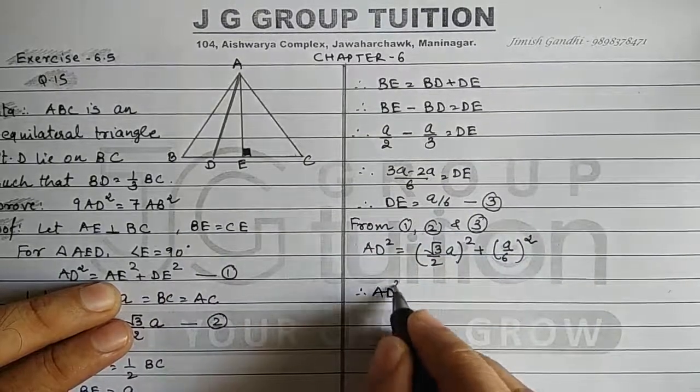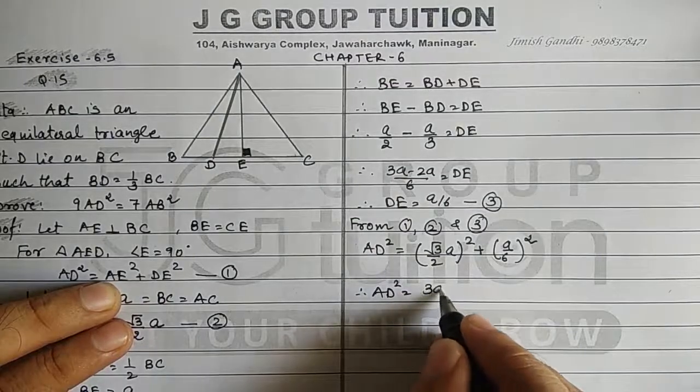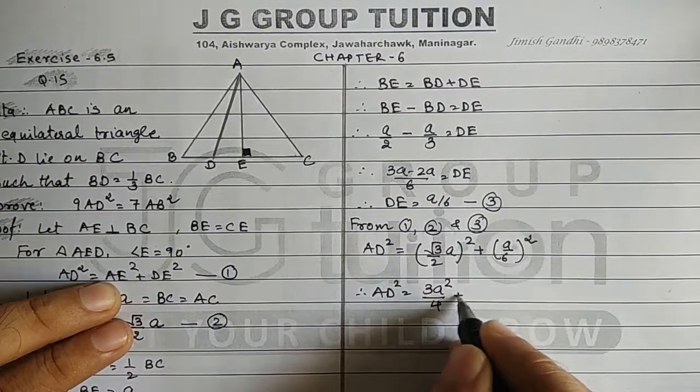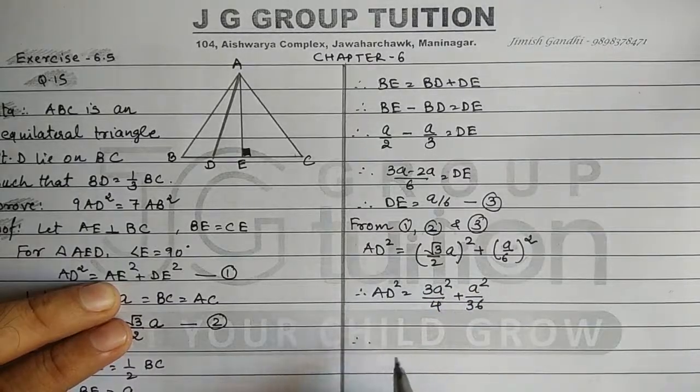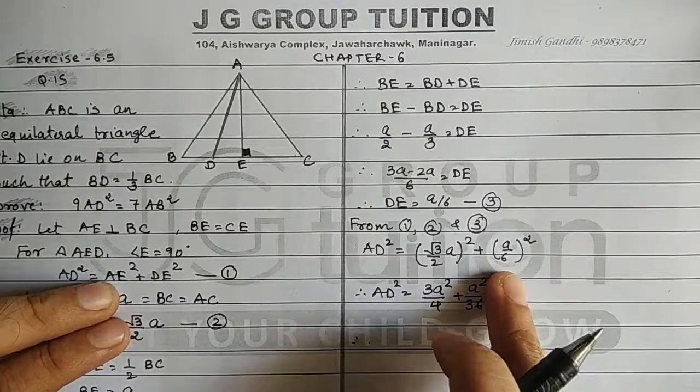So AD square is equals to, I'll do the square, so it becomes 3A square by 4 plus A square by 36. This is what we obtain here.